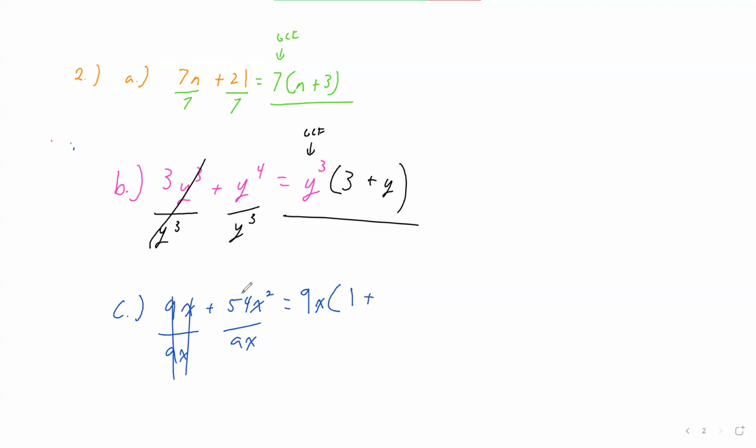And then what is 54 divided by 9? 6. Ooh, what's x squared divided by x? Just an x, because 2 minus this imaginary 1 would be 1. So I'd have 1x. And again, if you're ever unsure on your math, you just distribute that back, and you'll see that you go back to the original question. If you didn't, then you did something wrong.